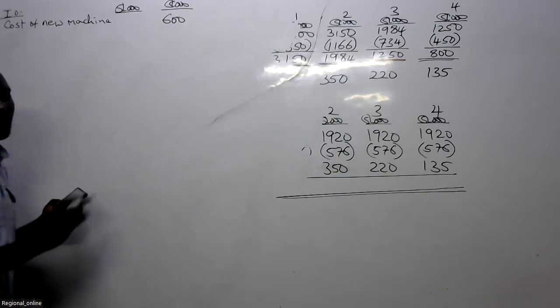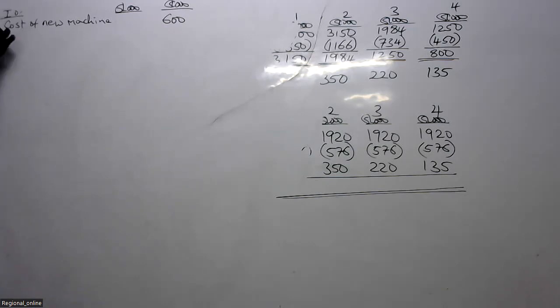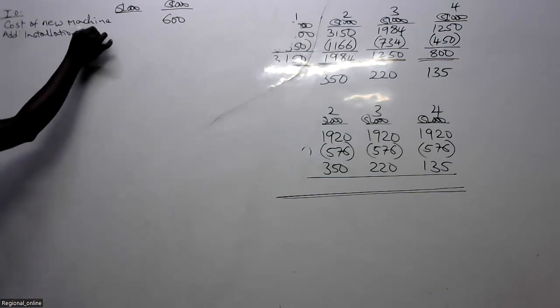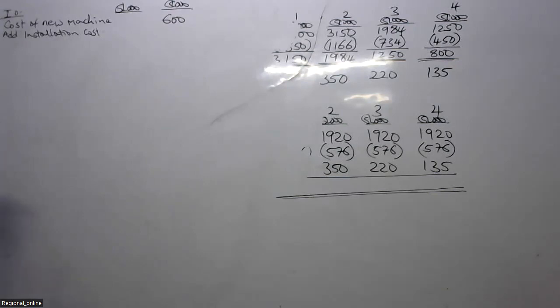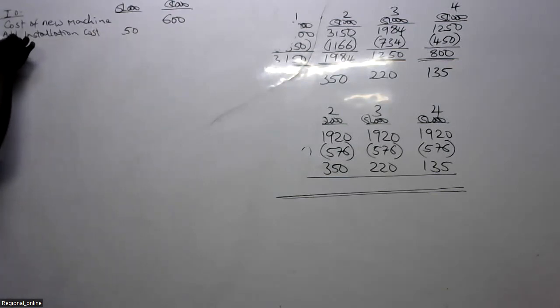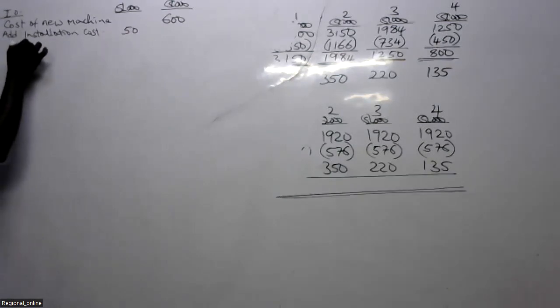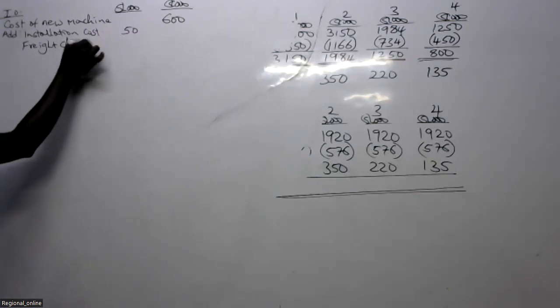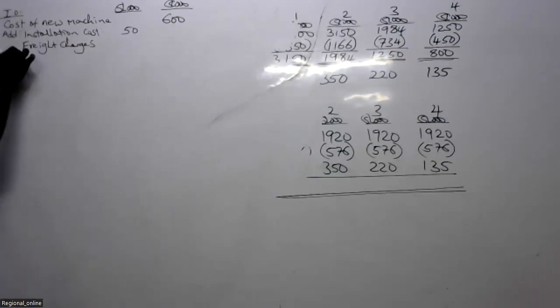So that is 600. Then we add what? On an installation cost of how much? Of 50. We also have what?